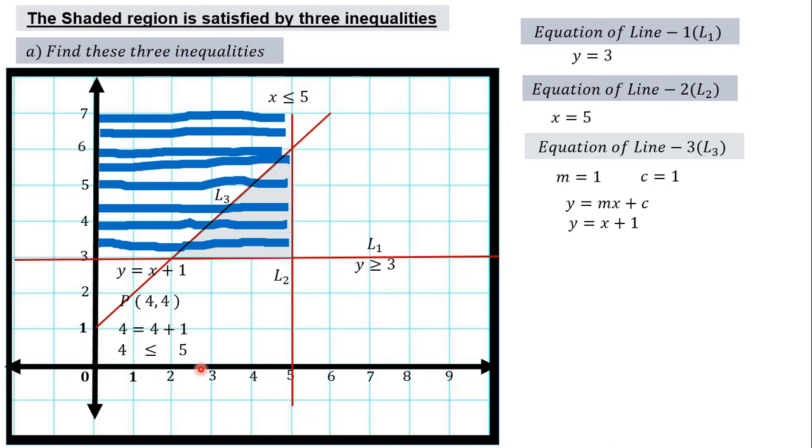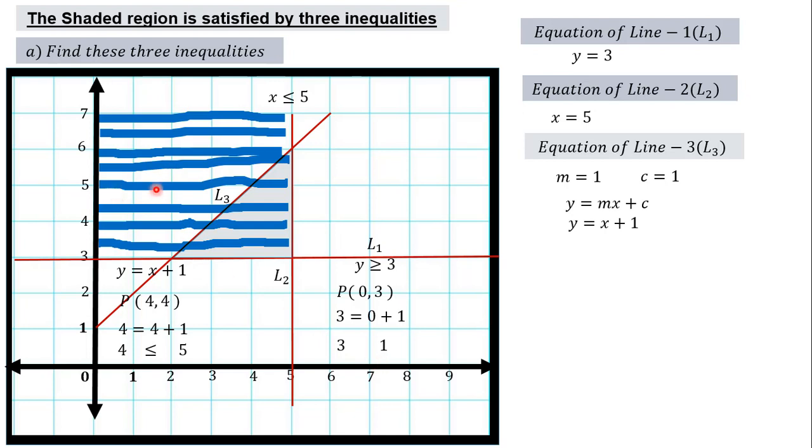If I consider any point in this shaded region, I have to put the inequality sign that will represent this shaded region. However, students, if I take a point that is above this line, just consider the point 0, 3. This point is above the line y equals x plus 1. Now, if you replace the values of x with 0 and y with 3 in the given equation, you will get 3 compared with 0 plus 1, which means that 3 is greater than 1.